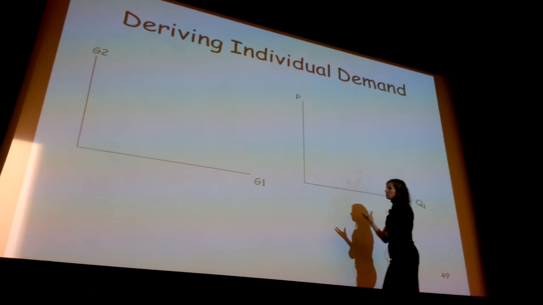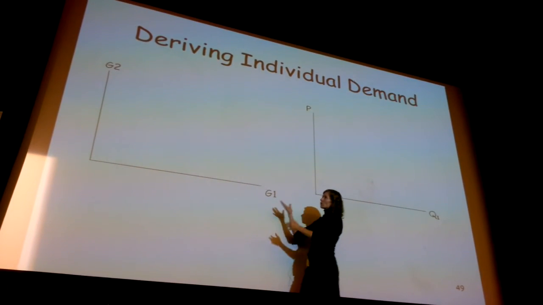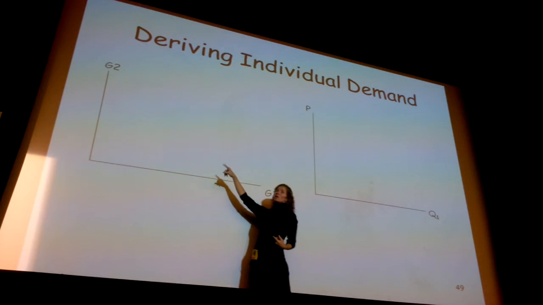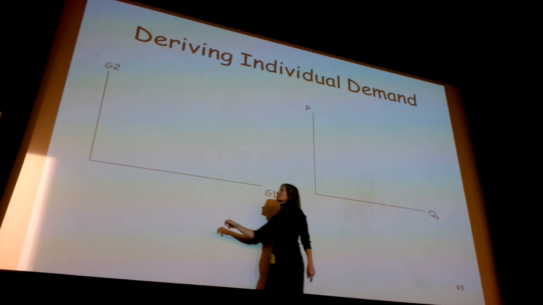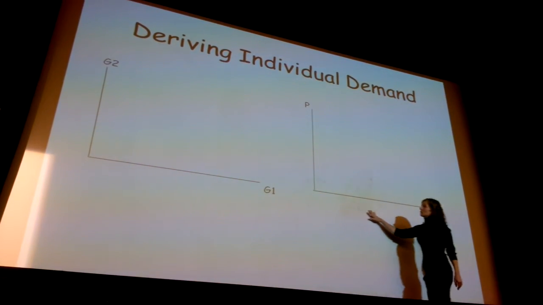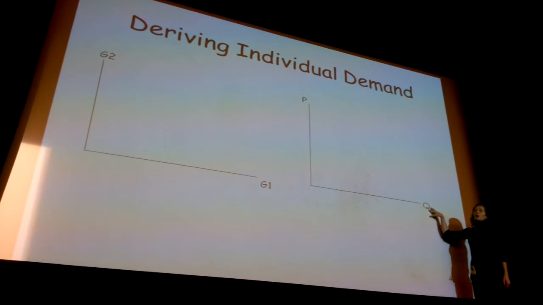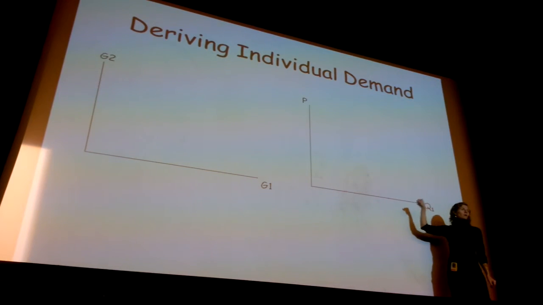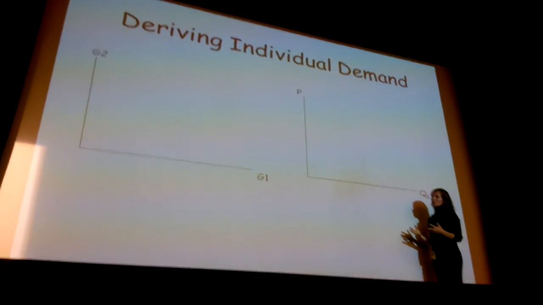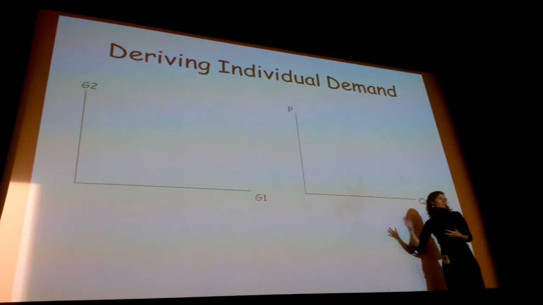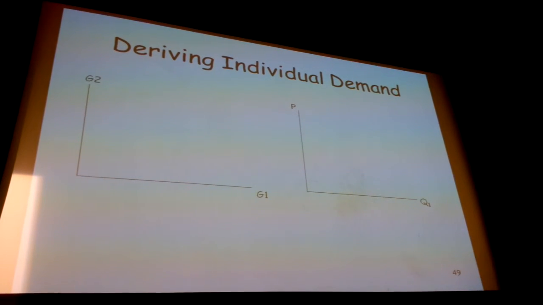And we've been working off of this graph where we have good one, some good on the x-axis, and another good on the y-axis. And the stuff we did on the earlier part of the quarter was that we had quantity down here on the x-axis and price up here on the y-axis. And what I want to do now is just show you guys the link between these two graphs. And it's actually pretty simple.